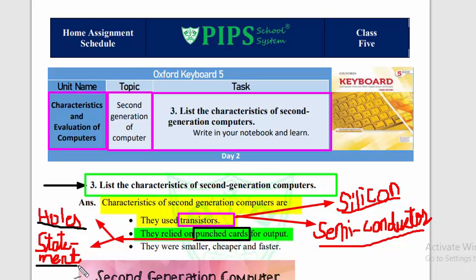and in these holes the statements are embedded, and there are almost, I think, 8 rows and 80 columns on the punched cards.